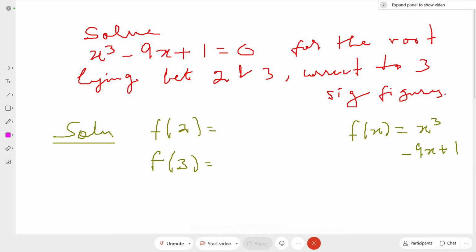So can you tell me the value of f(2) and f(3)? f(x) is x cube minus 9x plus 1.